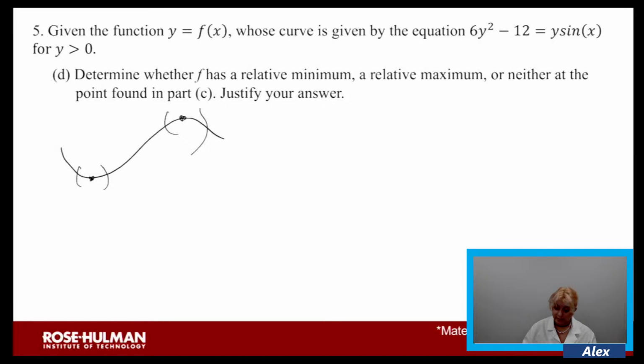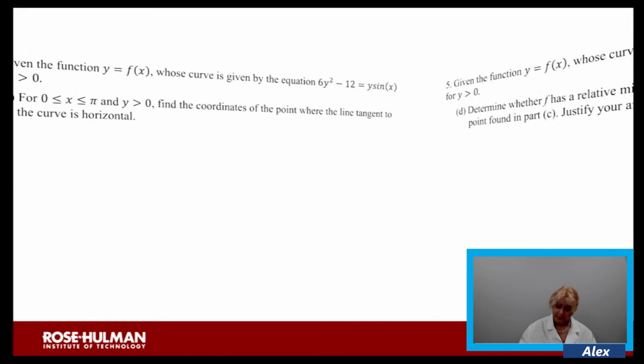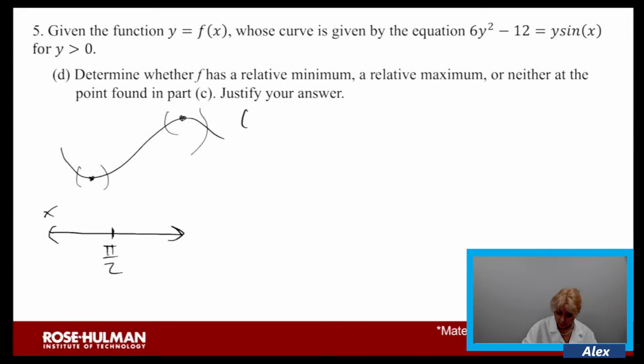So we can find this by seeing if this is a number line of the x values, and this is our pi over 2. If we do a little bit left of pi over 2, then our slope, so our point is pi over 2, 3 over 2.